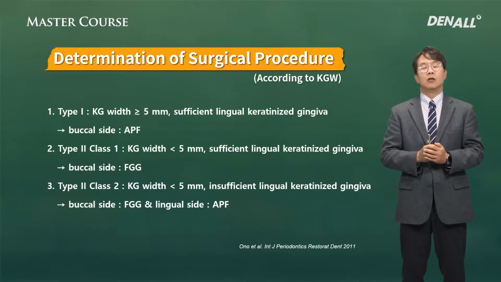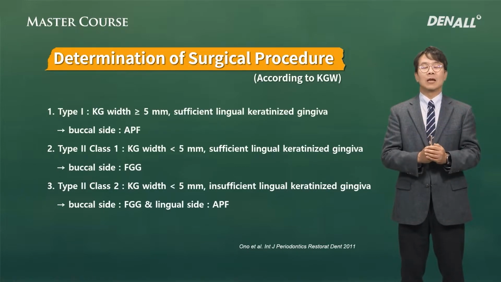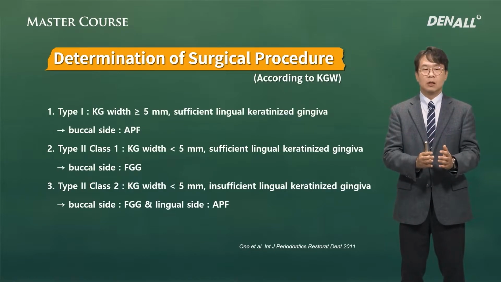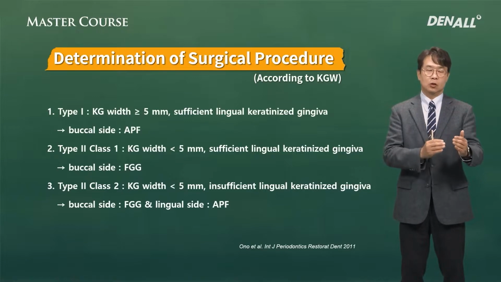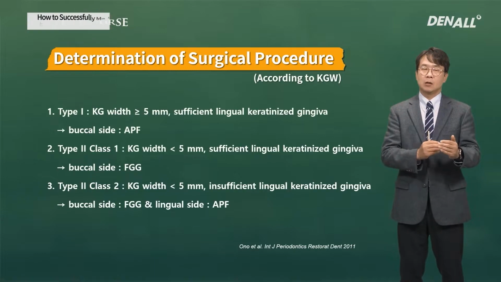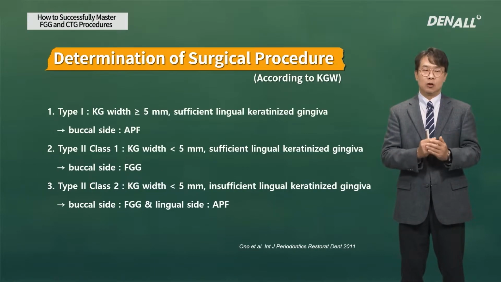Making an apically positioned flap on the lingual side is very hard. So in that case, we divided buccal side and lingual side. However, clinically, keratinized tissue graft should be made more on the buccal side.